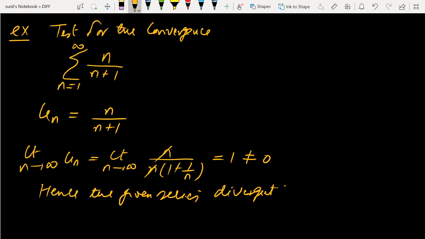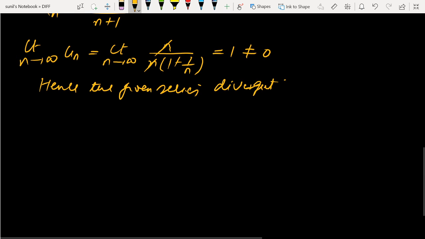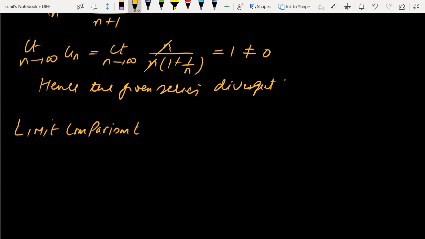Now we have another test, that is what we call the limit comparison test. In short, we call this LCT. And please mind it, we will use this only for positive term series.